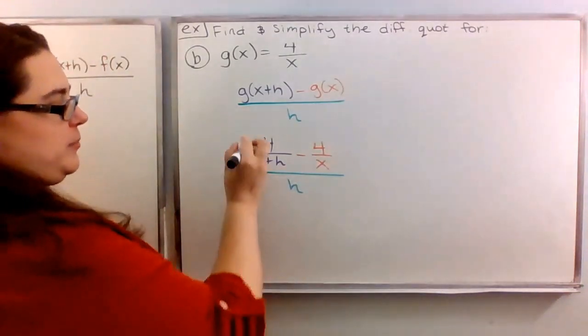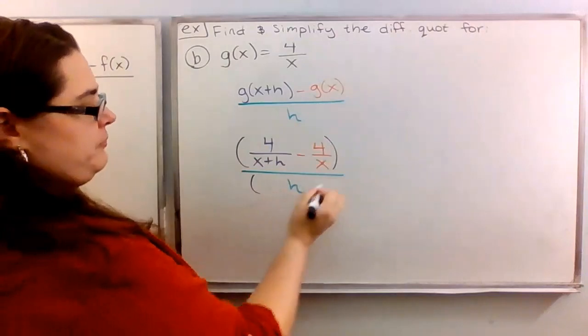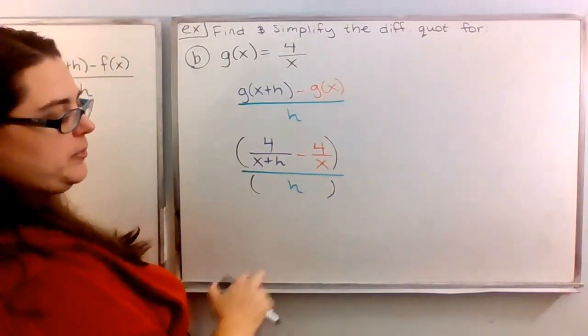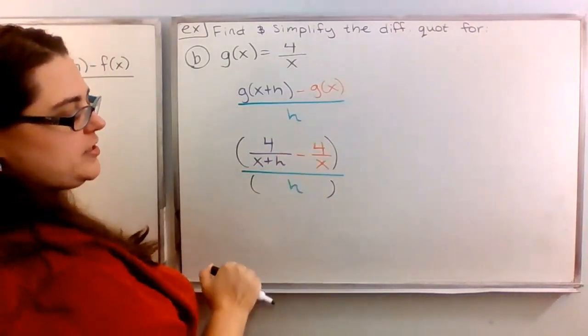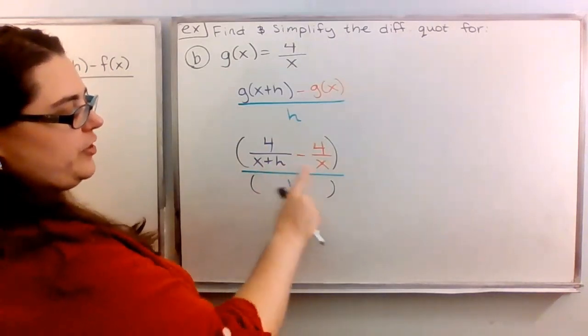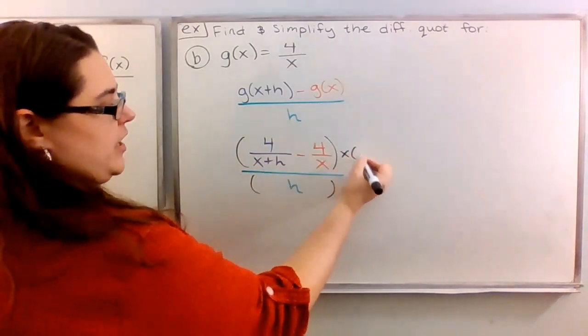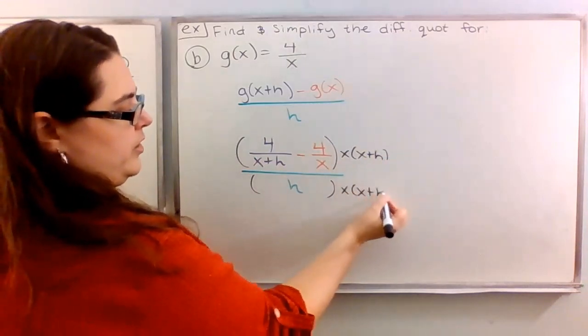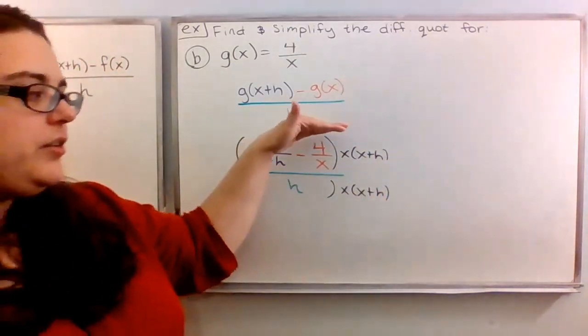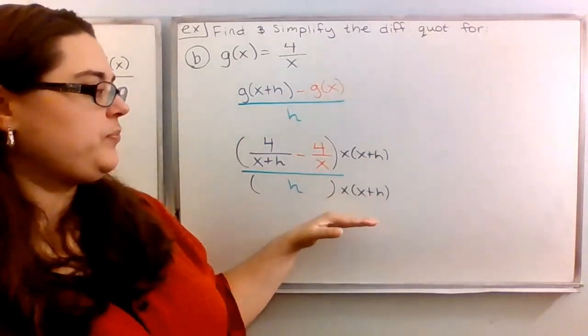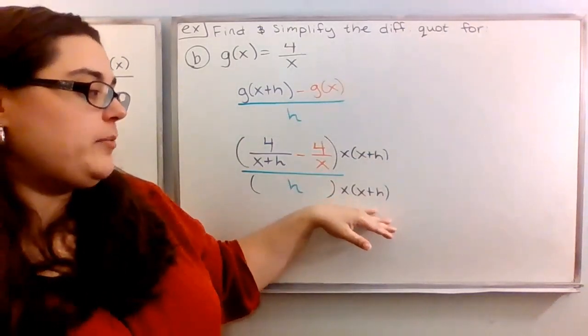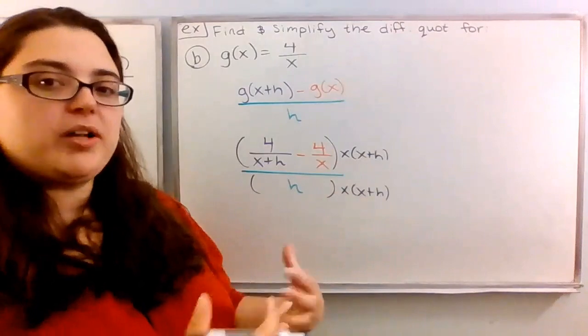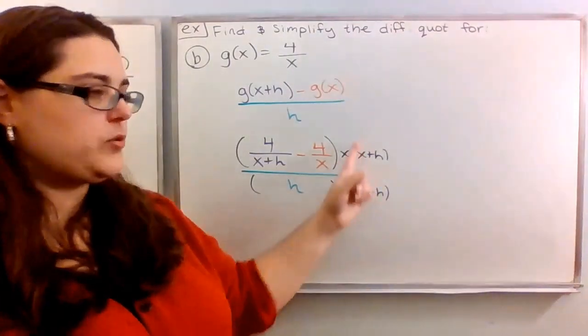So I'm going to multiply the big top and the big bottom by the common denominator of these two expressions. The common denominator for these two would be x times x plus h. I have to make sure that I multiply the denominator by that because I need to be multiplying by 1. So this is really just a secret 1.